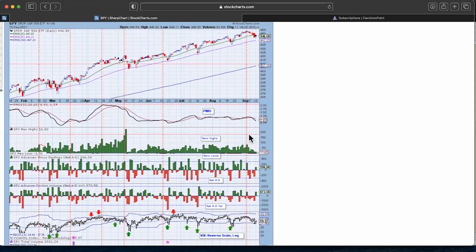So what we look at are new highs and new lows. Usually on a climax day, you're going to see these spike in one direction or the other. We also look at breadth, the net AD, net advances and declines, and the net advance decline volume. So what we want to look for are spikes outside of this normal range, if you will, between 300 and minus 300.